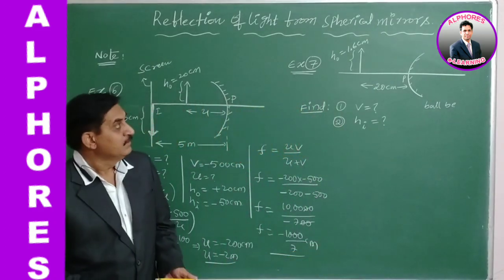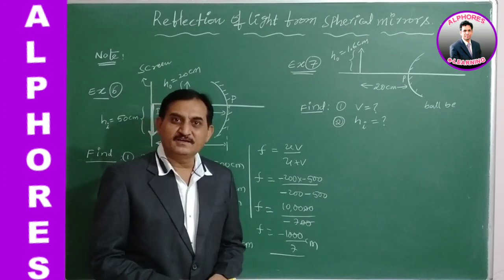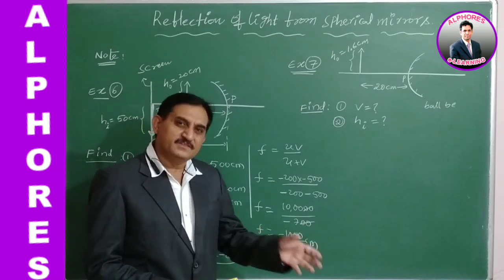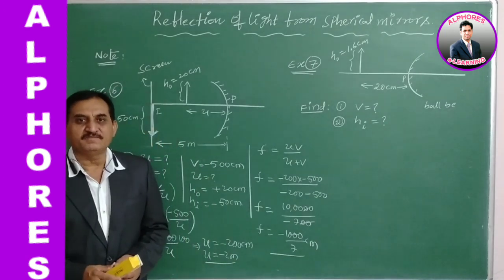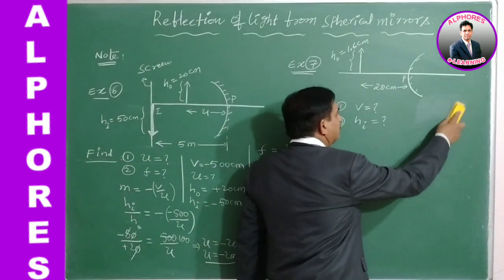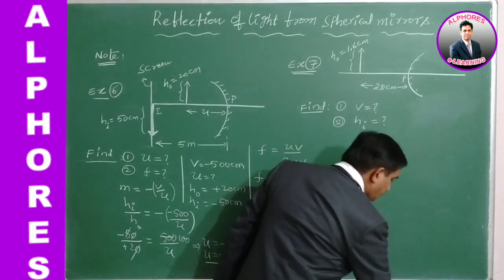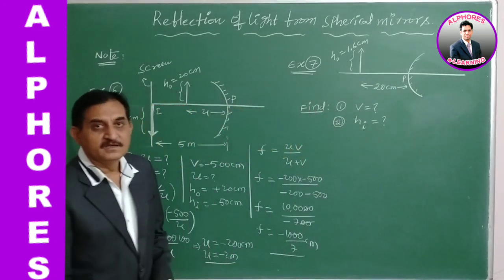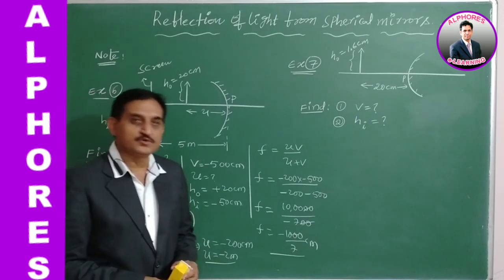In this case, a convex mirror is given, that is a ball bearing. This ball bearing has a diameter of 0.4 centimeters.